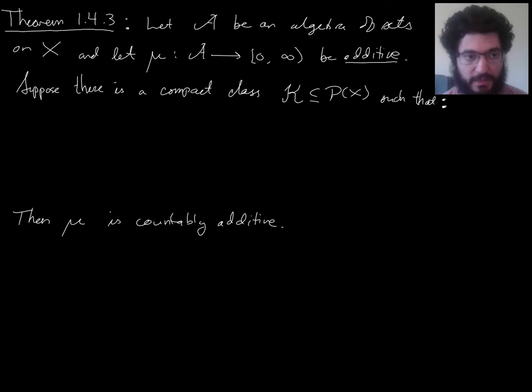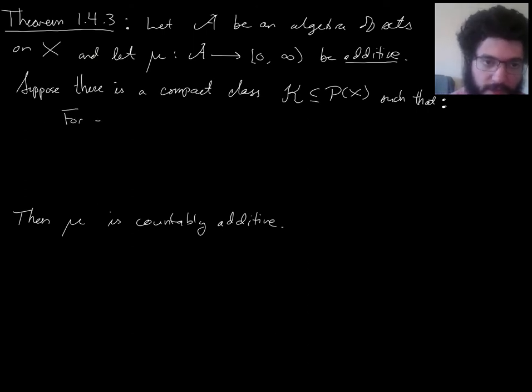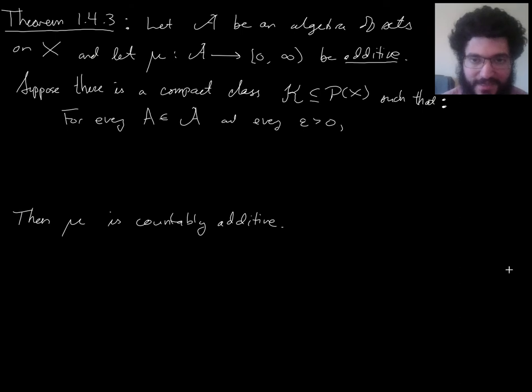So this will be a criterion for going from additive to countably additive. And now I'll tell you the criterion. So for every element of your algebra of sets, let's call it A, and every epsilon greater than 0. So now it feels like we're doing analysis again, right? Epsilon greater than 0.